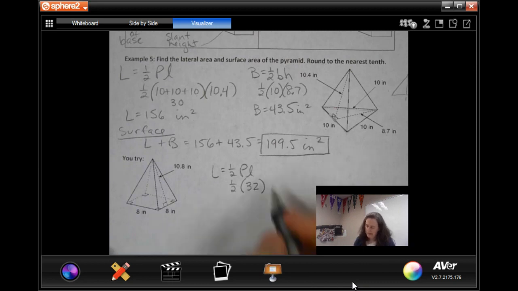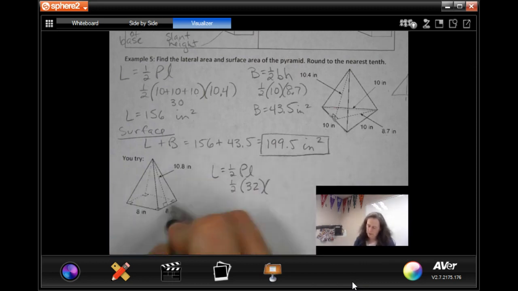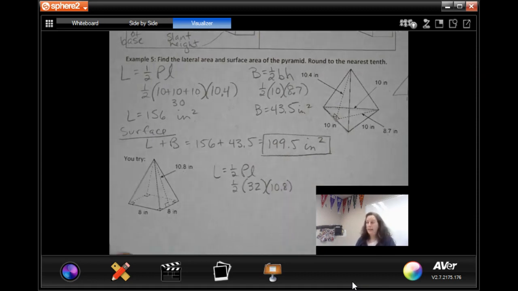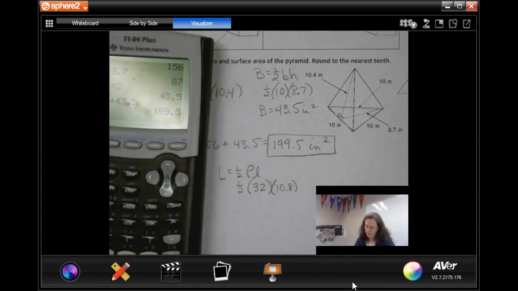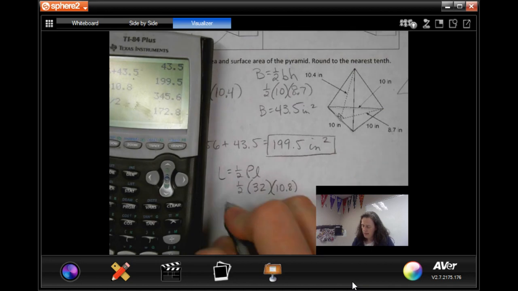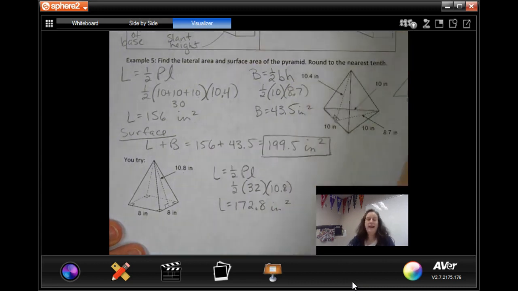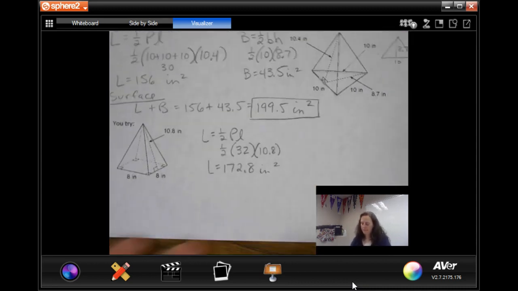Right? And the slant height, they told us, is 10.8. Let's find that number. 32 times 10.8. Good. Divided by 2. Did you get 172.8 inches squared for the lateral surface area?